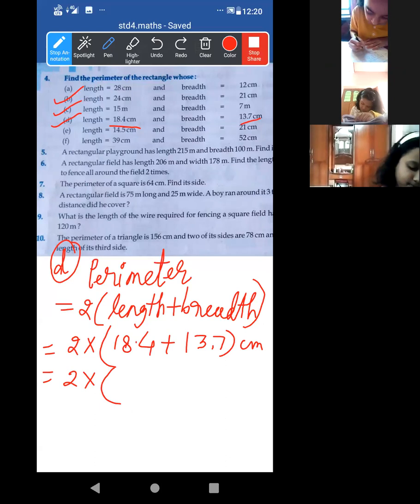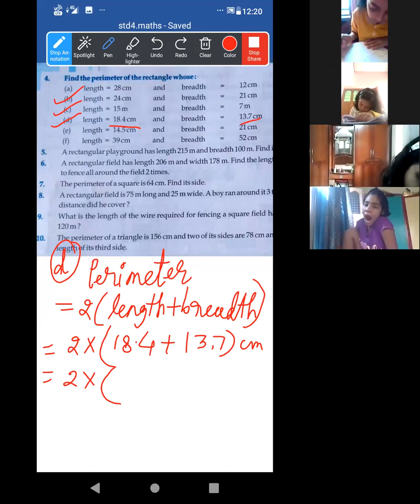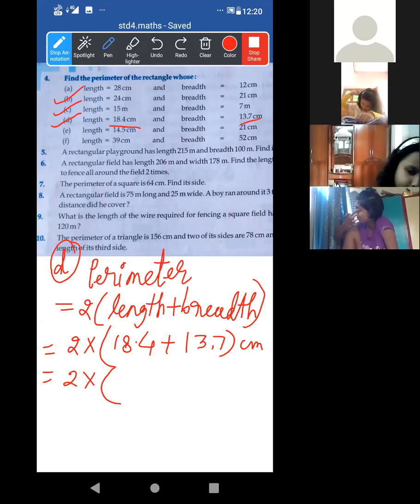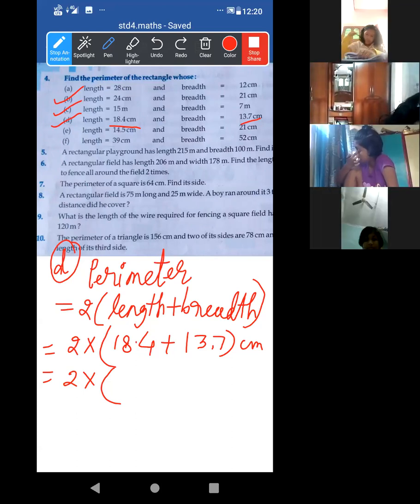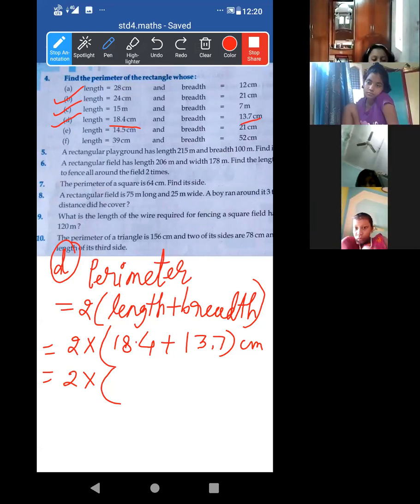Acha, you are writing L plus B. Then you have to mention length is denoted by L and breadth is denoted by B. Otherwise, don't write L plus B. Write the full words: length plus breadth. Okay.